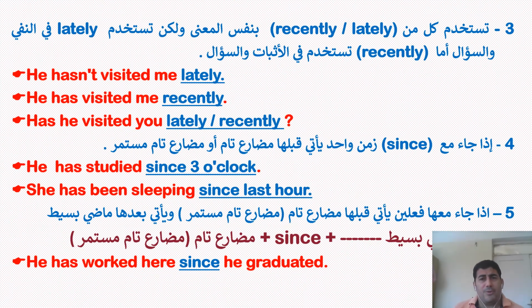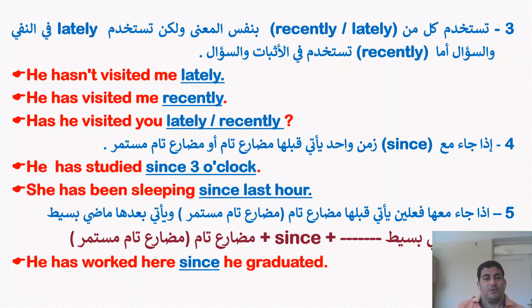Number 3. We can use recently or lately at the end of the sentences, but we have to put in mind one major point. Lately can be used at the end of the affirmative and negative sentences, but recently is used at the end of the affirmative sentences only.